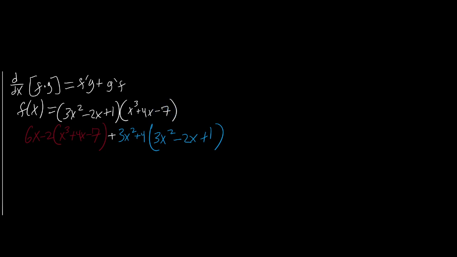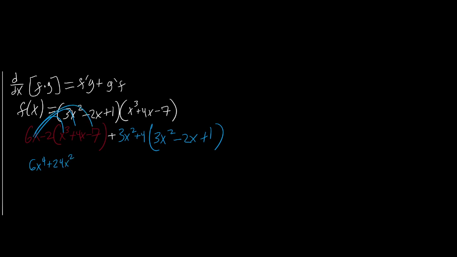So now we're just going to multiply it out. So 6x multiplied by x to the power of 3 is 6x to the power of 4. And 6x multiplied by 4x is positive 24x to the power of 2.